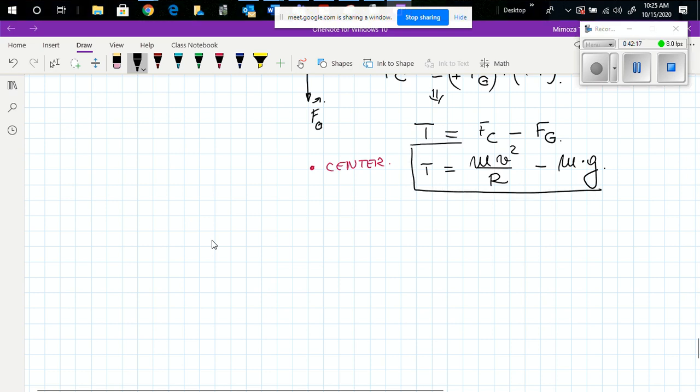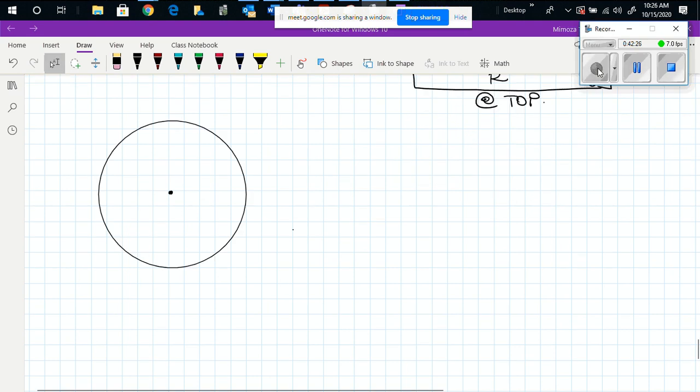So this is the relationship of the tension at the top. Clear? Now let's see what is happening when the object is at the bottom of the circle.